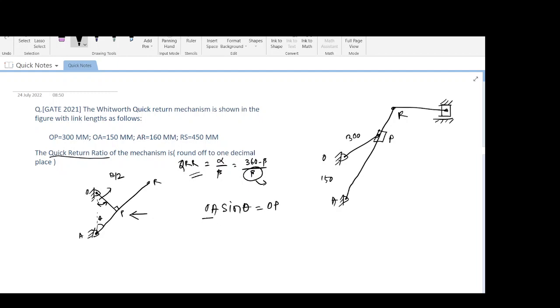Now once we are provided OA and OP, we are good to find out theta, and so we can get beta.